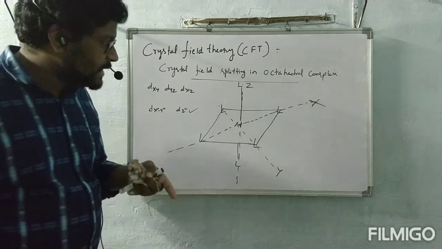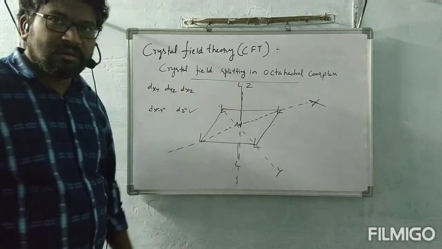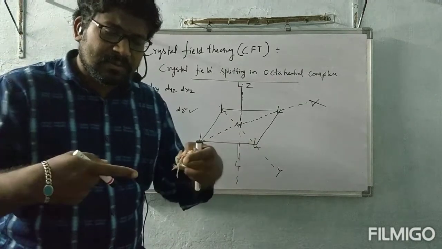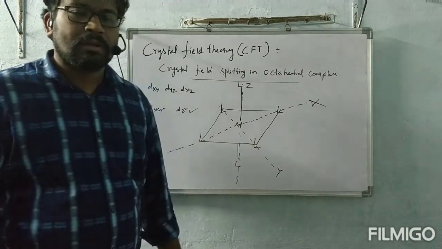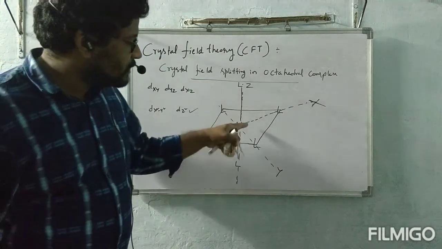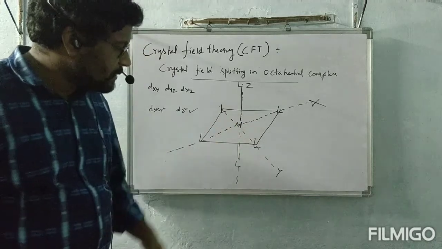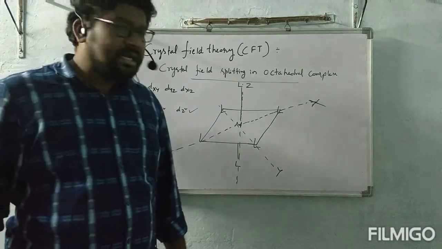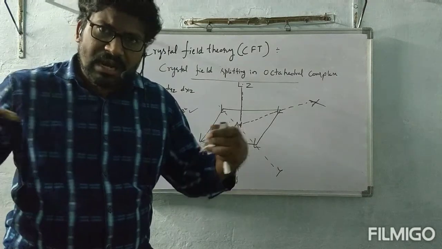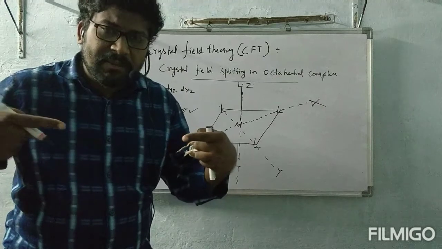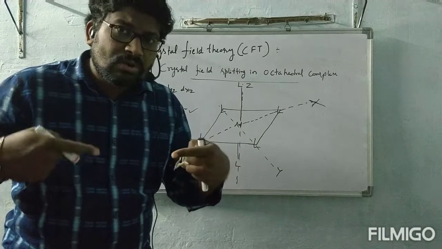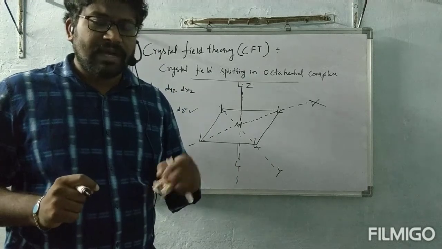Now, what did I explain? To form the octahedral complex, ligands will approach along the axis with an angle of 90 degrees between one ligand and another. So definitely these ligands approach along the axis, and they apply more repulsion on orbitals which contain lobes along the axis.